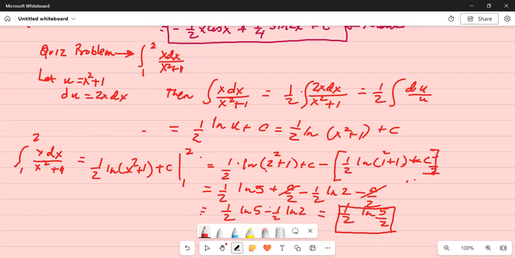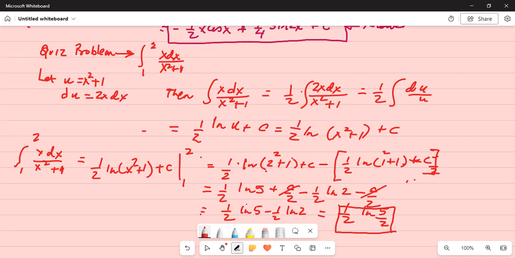For this problem, I used the rules of integration by substitution, and I identified u as x squared plus 1. I found du is 2x dx. Then for 2x dx, I wrote du, and it becomes half integration du by u, which is half ln u plus c, where c is a constant of integration, equal to half ln of x squared plus 1 plus c.